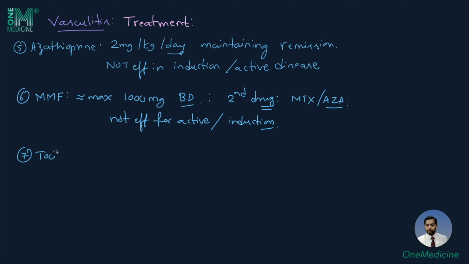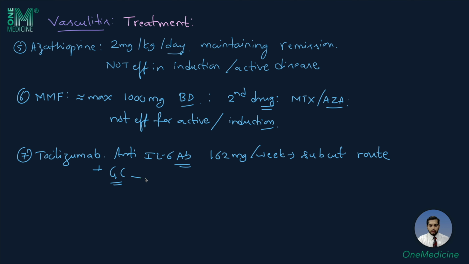Tocilizumab, which is an anti-interleukin 6 monoclonal antibody, given in the dosing of 162 milligrams per week via subcutaneous route, when combined with glucocorticoids, has been shown to be very effective in treating giant cell arteritis and maintenance of remission in such patients.